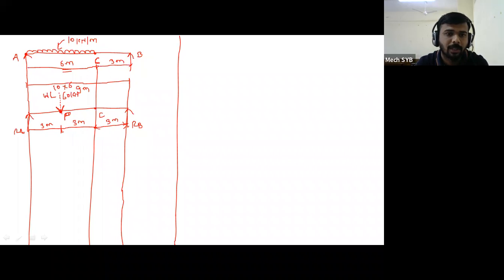Whatever point load we have represented for the UDL, at point P, will be represented by a dotted line, and you should also represent it in your notebook by a dotted line, so that you understand that we have converted the UDL into a point load at point P.